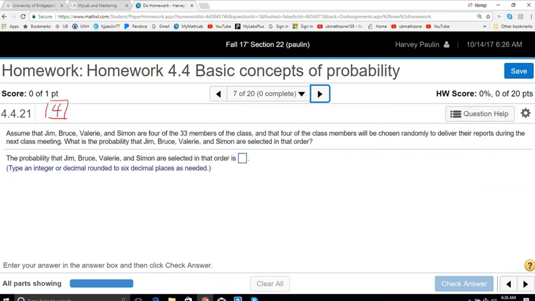For number 4, let's read it carefully, and you'll see we need to bring in some procedure we used in a previous lesson.